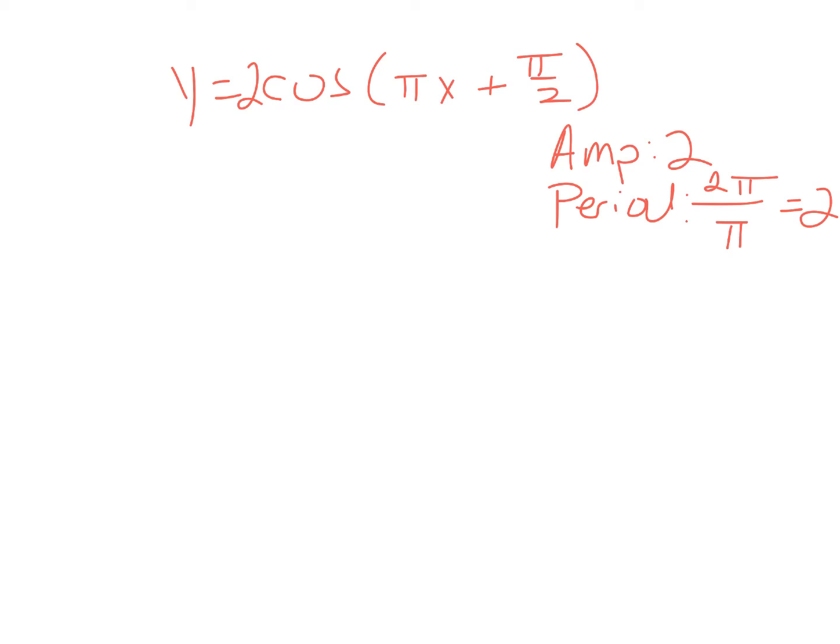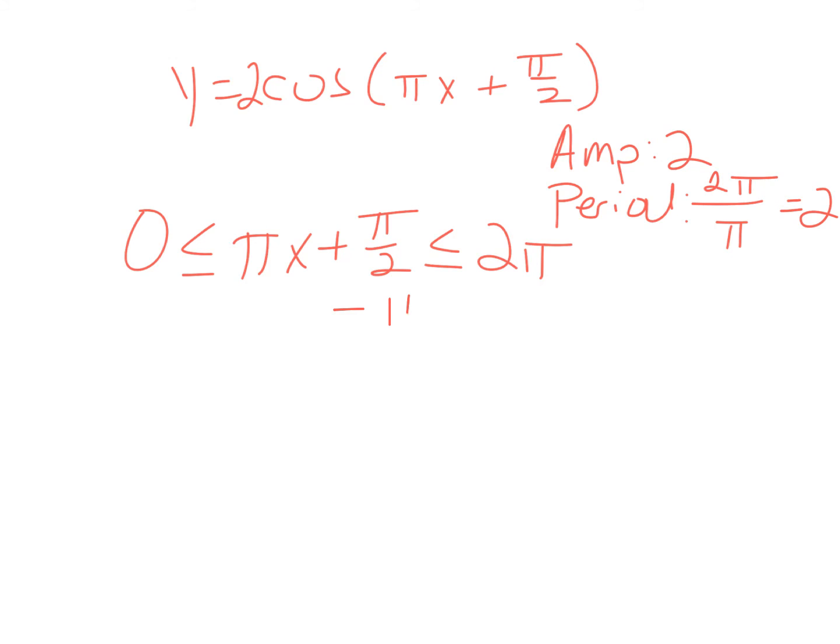Now, as far as what one cycle is going to be, normally in a cosine graph, it's going to be between 0 and 2 pi, right? So one way we can help ourselves out a little bit is to put whatever's inside here in between 0 and 2 pi, and that'll tell us what one cycle would be.